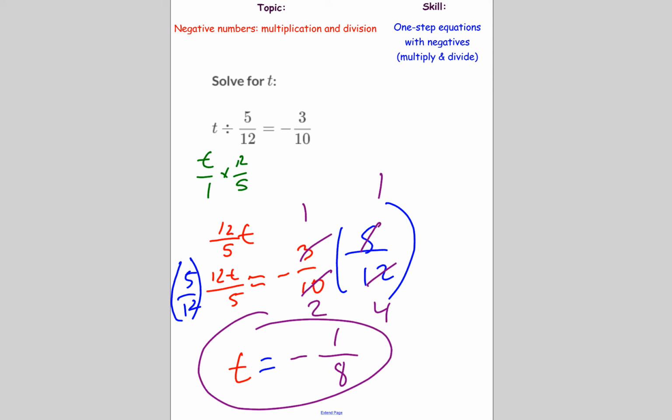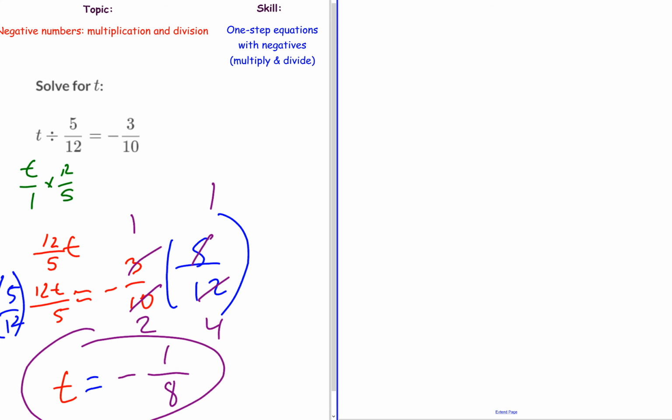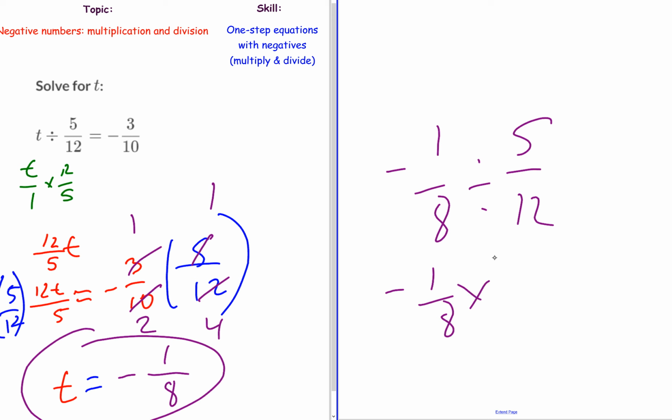All right, so what I'm going to do now is give myself a little bit of room so you guys can see my check over here on the side. So t is negative 1/8, so that's negative 1/8 divided by 5/12, okay? So negative 1/8 divided by 5/12 is mathematically the same as negative 1/8 times 12/5, right?